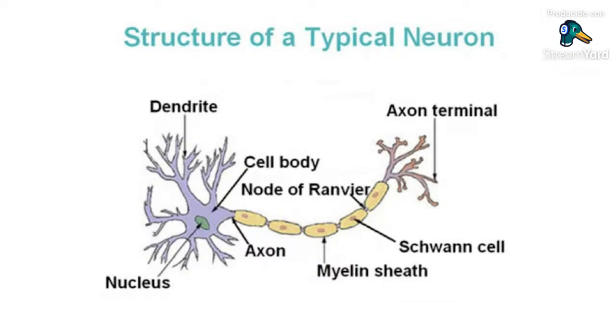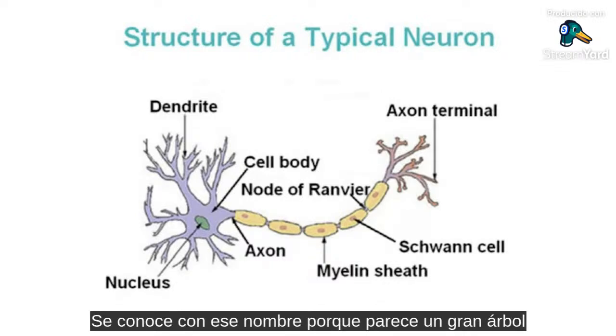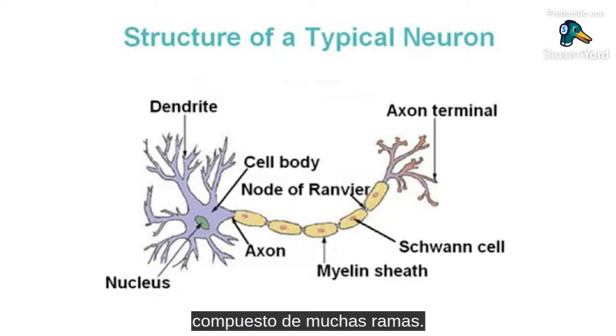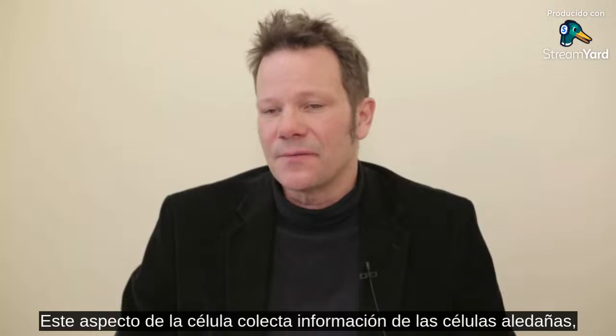It's known as the dendritic tree because it looks like a large tree consisting of many branches. This aspect of the cell collects information from cells next to it and transfers that information down into the cell body of the neuron and then what is called the axon of the neuron.